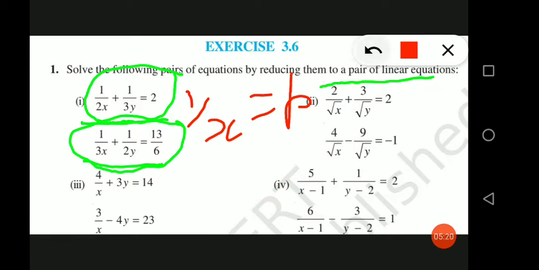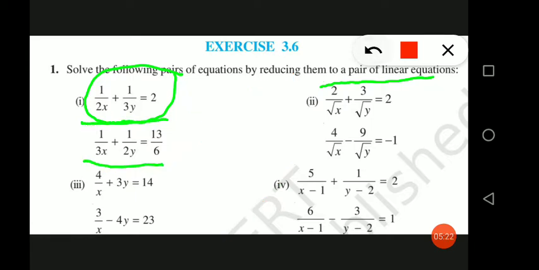Similarly, if we move to the second part, can you say what things we can take as p and q? What will we substitute? Okay, here it is 2 by root x and 3 by root y, and 4 by root x minus 9 by root y.